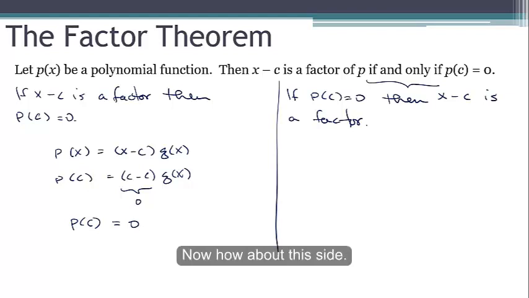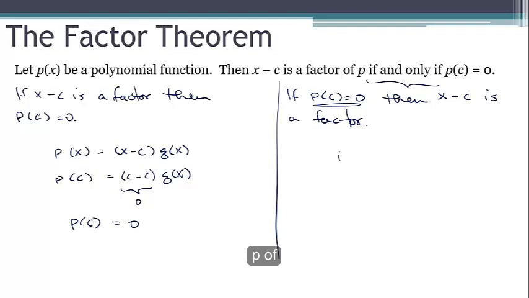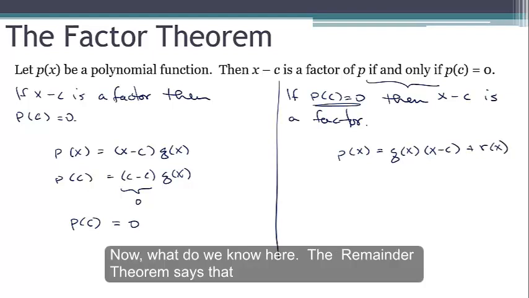Now how about this side? I know that p of c equals 0, and I want to show that x minus c is a factor. Well, let's apply the division algorithm here. P of x is equal to q of x times, not r of x, q of x times x minus c plus r of x. And let's see, what do we know here?